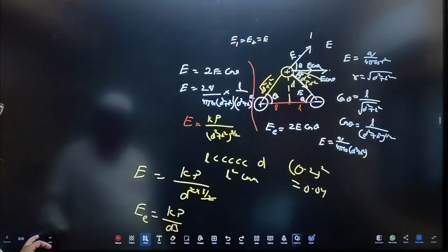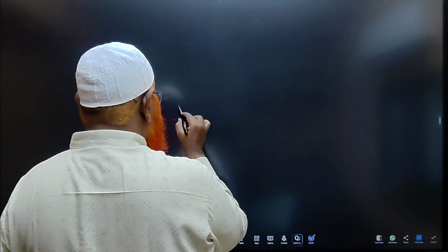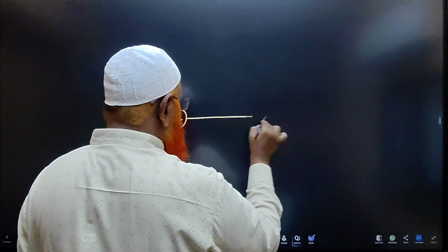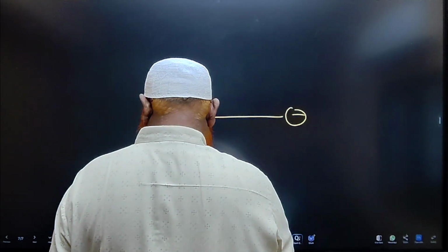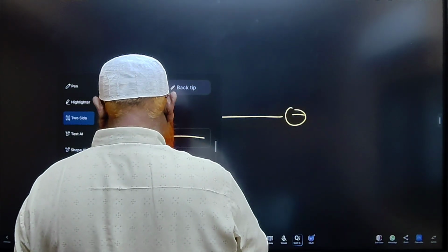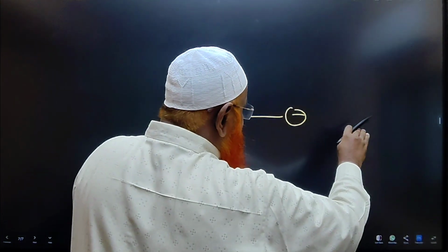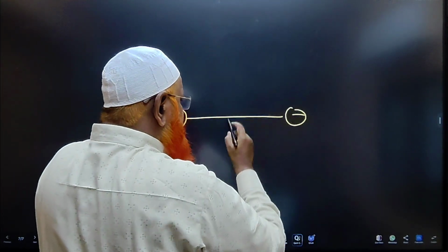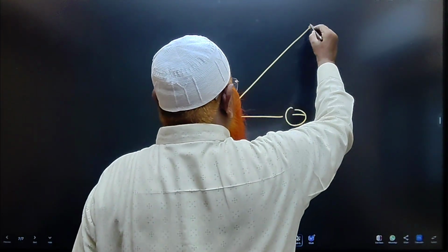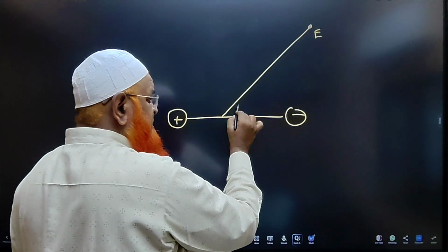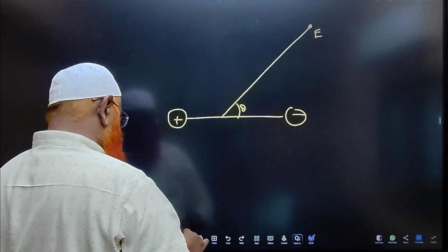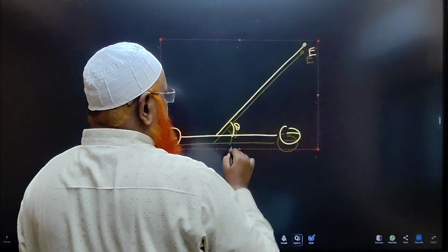That's it. Now the next thing is, for example, you are considering one positive and one negative charge, and you are finding the electric field intensity not along the axial line and not along the equatorial line, but in a direction making a certain angle theta. Then what happens?